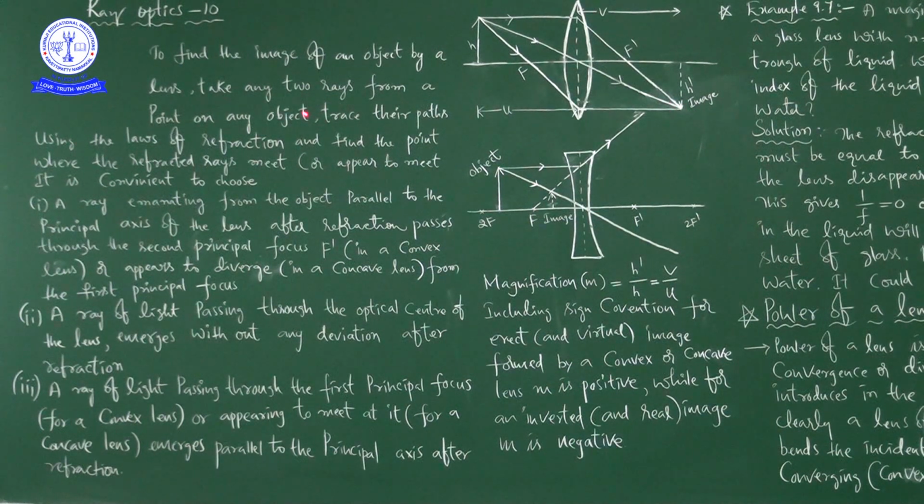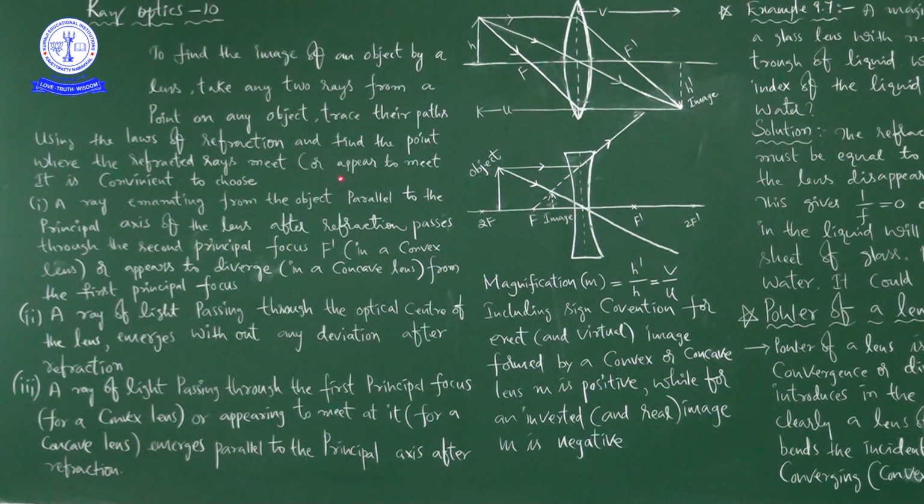But for our convenience we are taking 2 or 3 rays. So take any 2 or 3 rays from a point on any object, trace their paths using the laws of refraction and find the point where the refracted rays meet or appear to meet. So here actually meeting, here appear to meet.